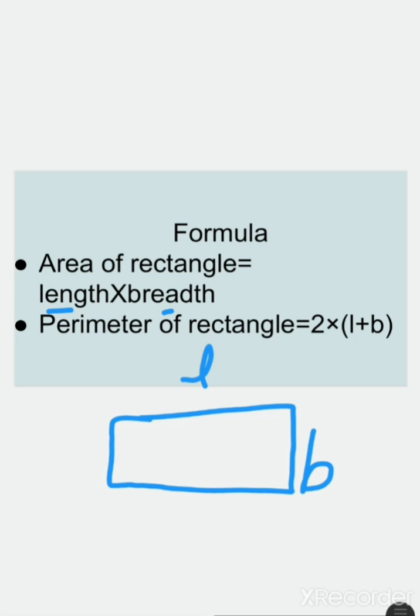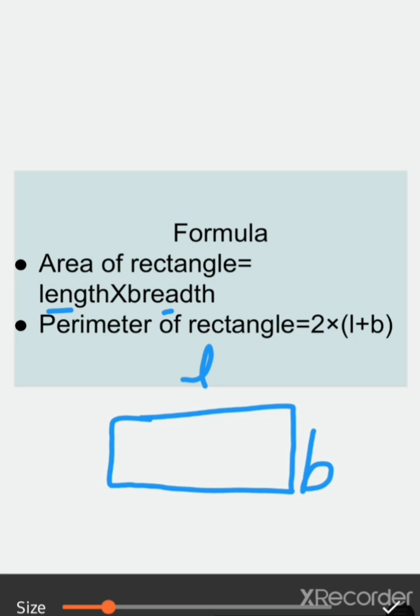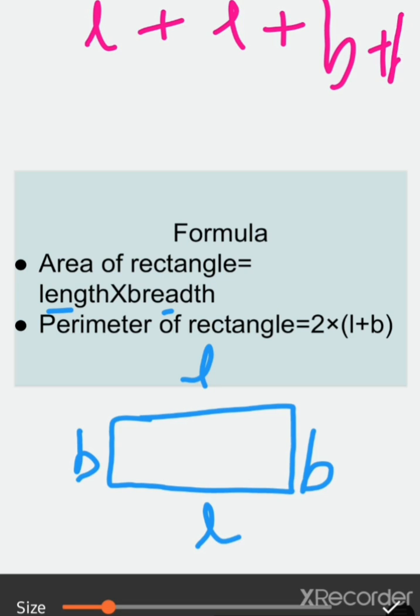And similarly perimeter, as I have told you, what is perimeter? Perimeter is the sum of the boundaries. So here you can see that L plus B plus L plus B will be the perimeter of this figure. Yes or no? So L plus L will be 2L and B plus B will be 2B.